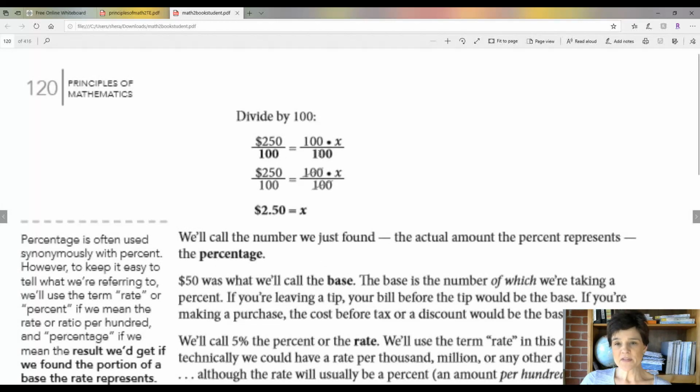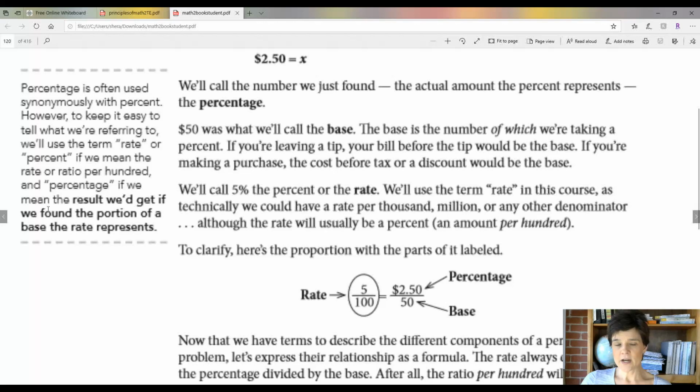Then you divide both sides by 100 to get rid of this, and you're left with x by itself. So 250, or actually $2.50, because 250 divided by 100, remember division, 2 places to the left, equals x.